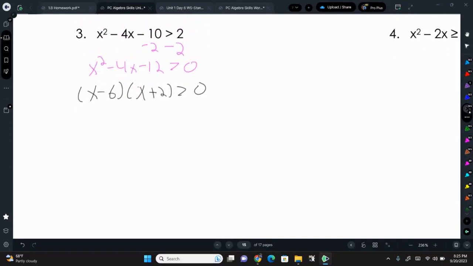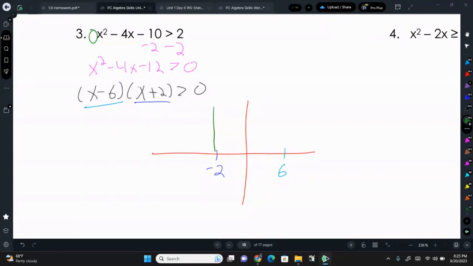So then we'll do our rough sketch. Our two x-intercepts will be -2 and +6. Our a value is positive. We don't have a negative sign in front, so our quadratic opens upwards.